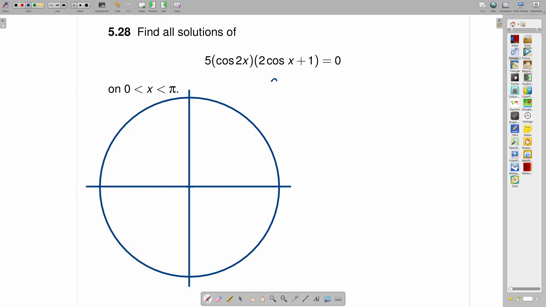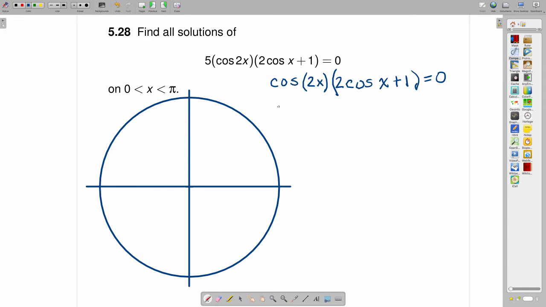And that will reduce this to cosine of 2x multiplied by 2 cosine x plus 1 is equal to 0. In this case, we have one quantity times another quantity is equal to 0.